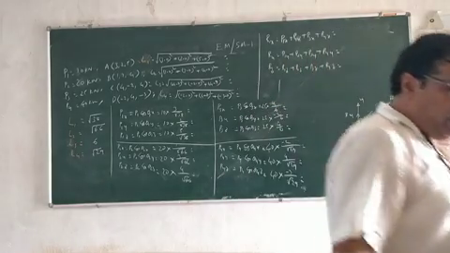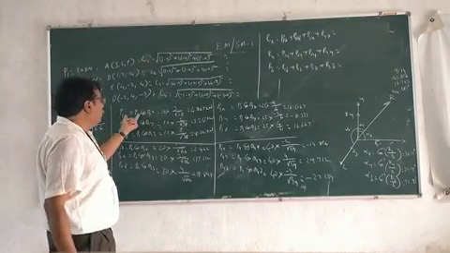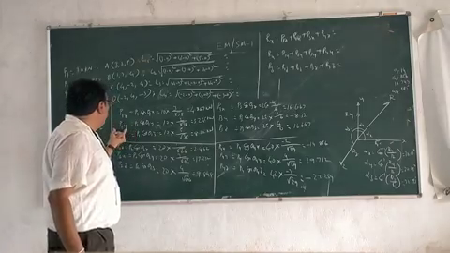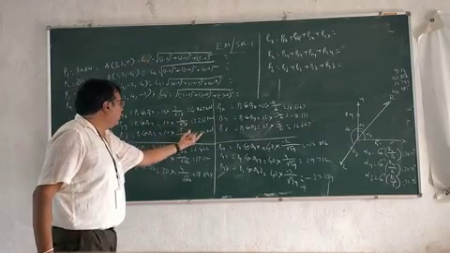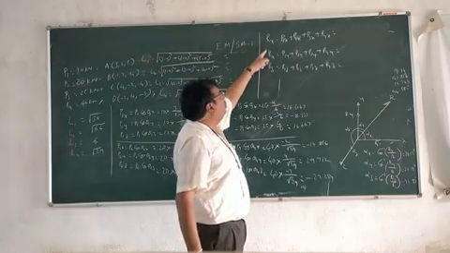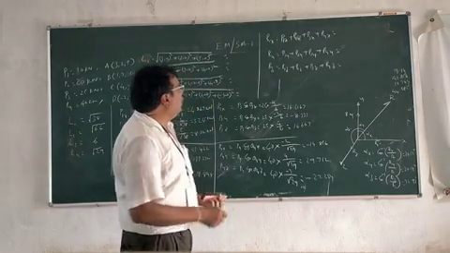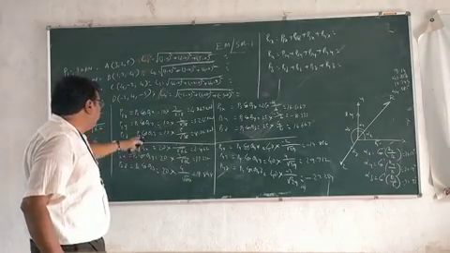Please see, the P1x value and P1y we already calculated. After that, Rx is equal to sigma Px, that is P1x plus P2x plus P3x plus P4x. All of these we are getting from here.